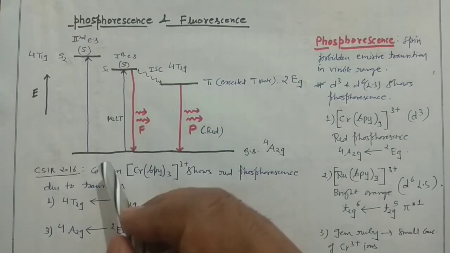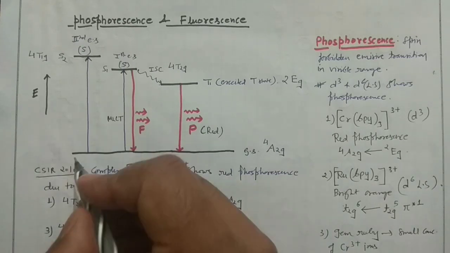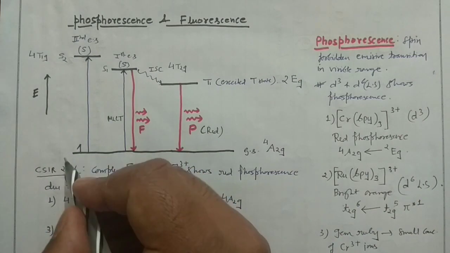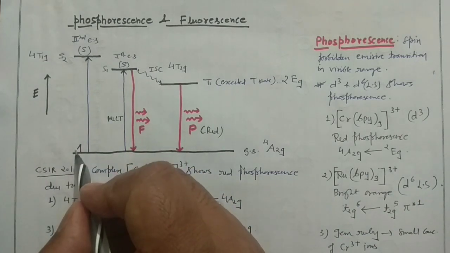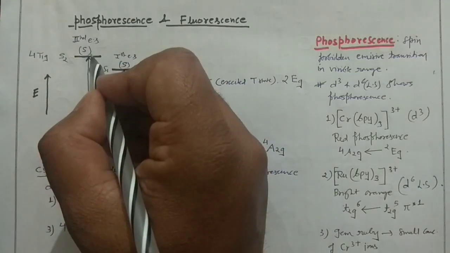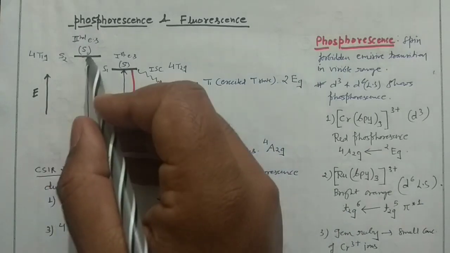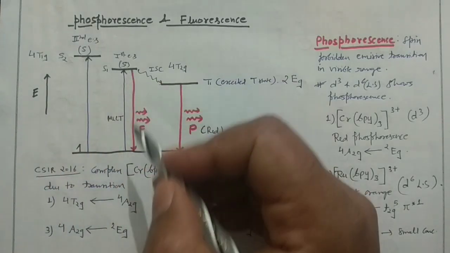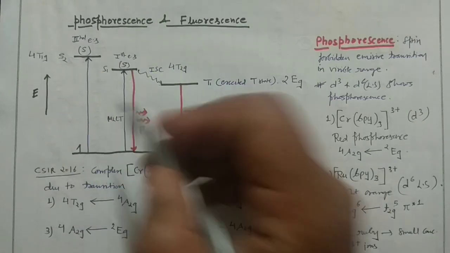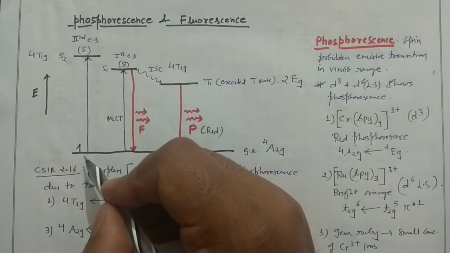Say this is the ground state and you have the electrons here. So what will happen when, say, some electron is here, and you shine light on it, or you supply energy to this electron? It will be promoted to the excited state, okay. There may be different excited states. Say this one is the first excited state, and the ground state is the singlet one.